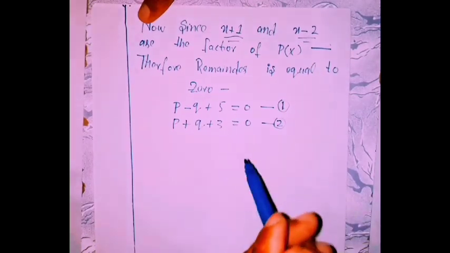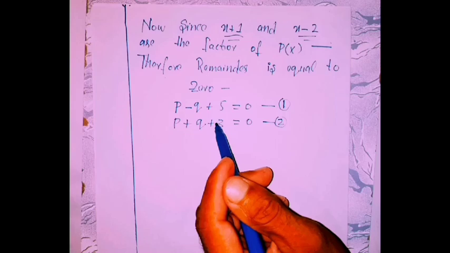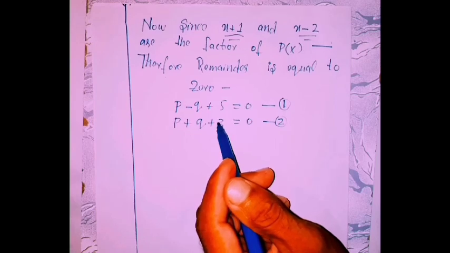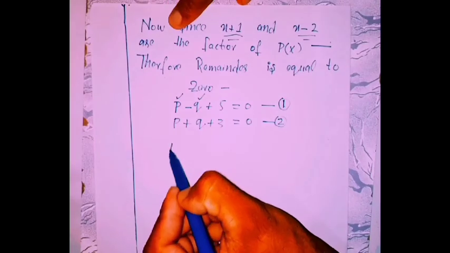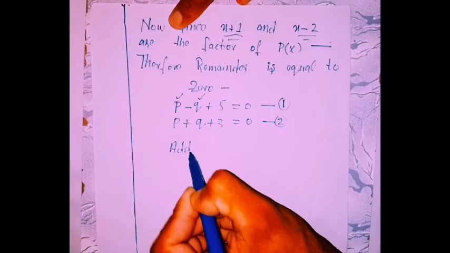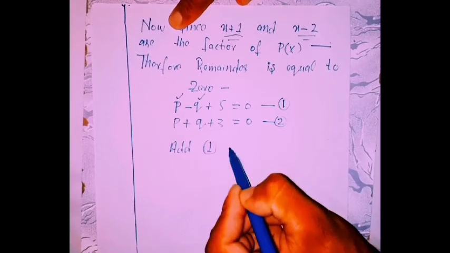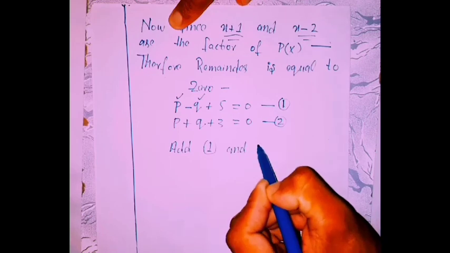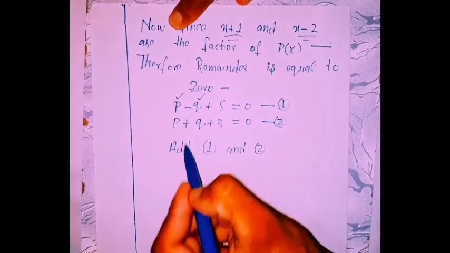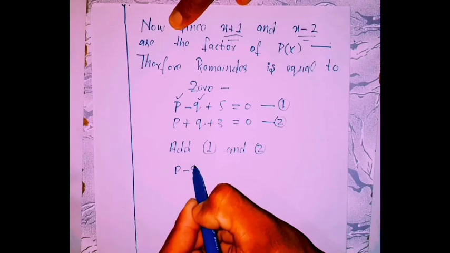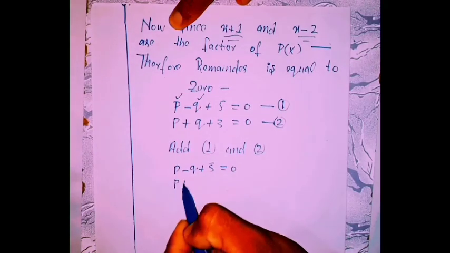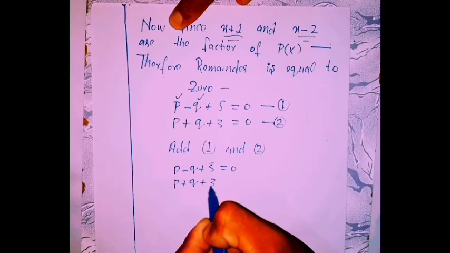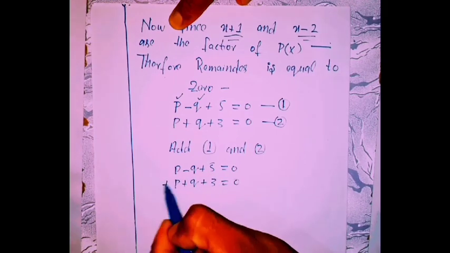So now to find out the values of p and q, we can add equations 1 and 2. Equation 1 is p minus q plus 5 is equal to 0, and the second one is p plus q plus 3 is equal to 0.